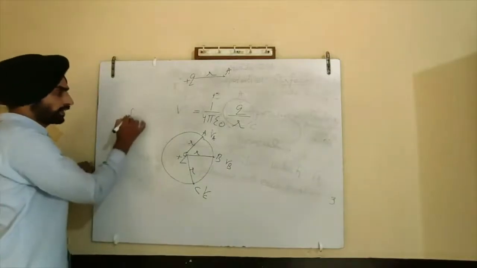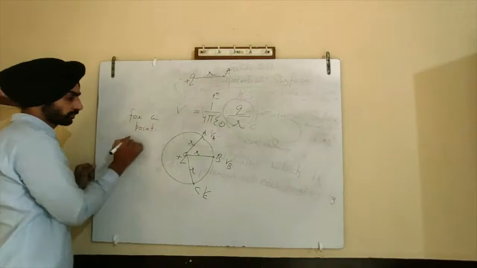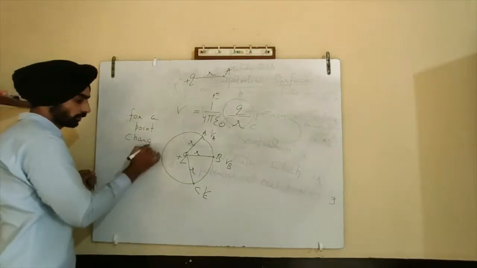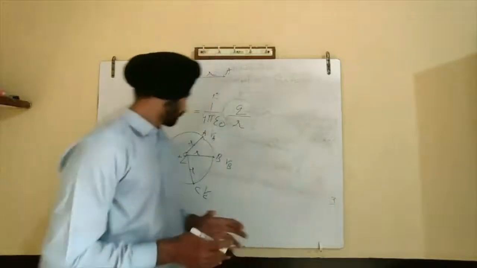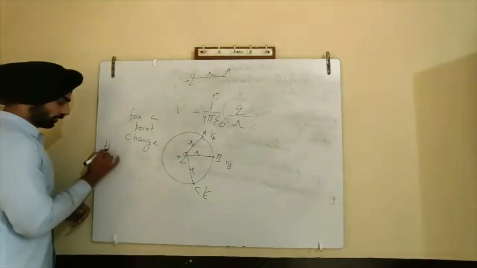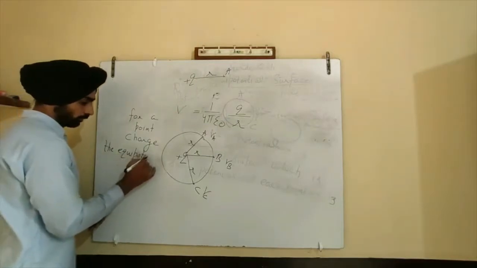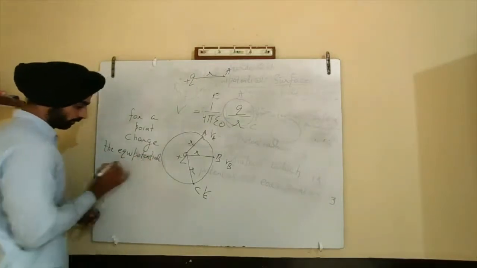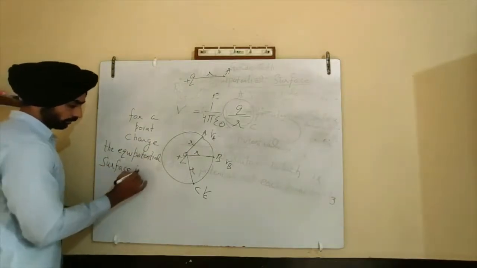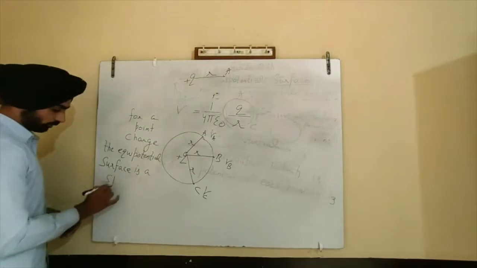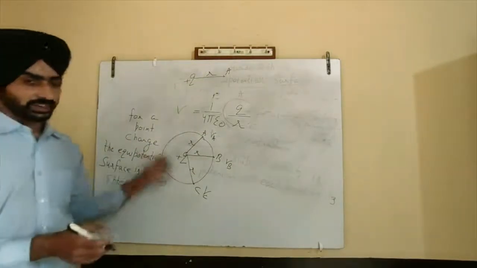So for a point charge, the equipotential surface is a sphere.